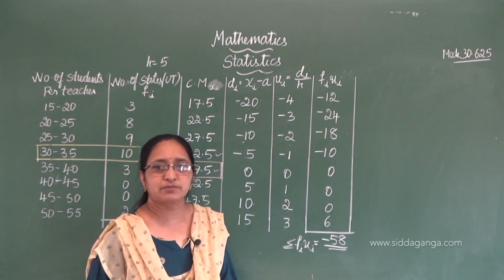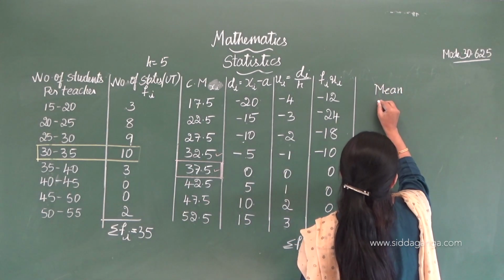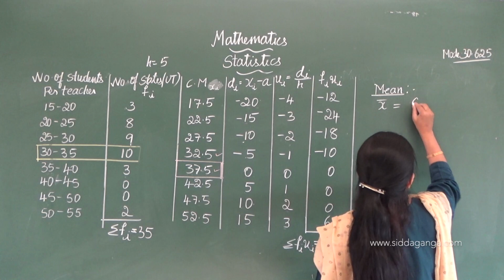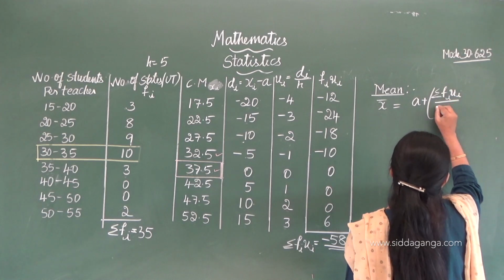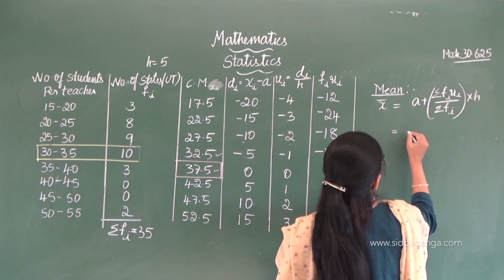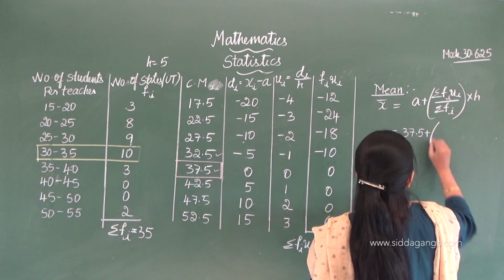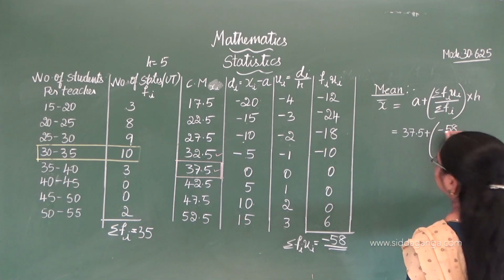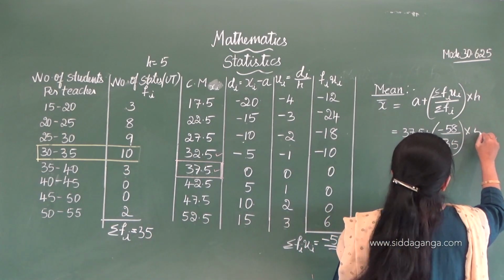Now you all know the formula to find out the mean. Mean is equal to A plus sigma fi ui divided by sigma fi into H. So A is how much? 37.5 plus sigma fi ui is minus 58, so minus 58 divided by 35 into H is 5.